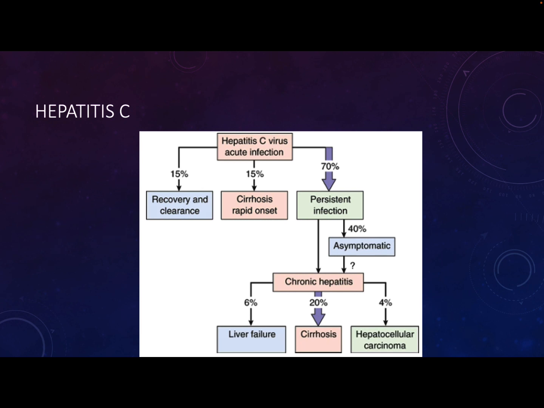The majority of your patients are going to develop a chronic infection. Many of them may be asymptomatic for a while. It's like HIV, you never know how long. Eventually, the patients who have persistent infections will generally develop chronic hepatitis. The majority of them will develop cirrhosis, but you can also see liver failure and hepatocellular carcinoma, so liver cancer.